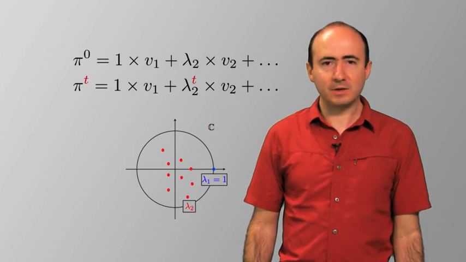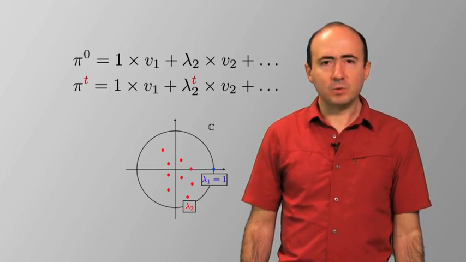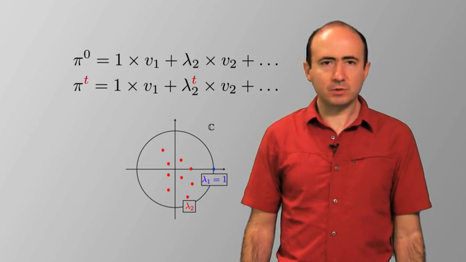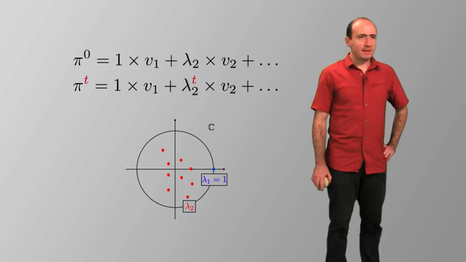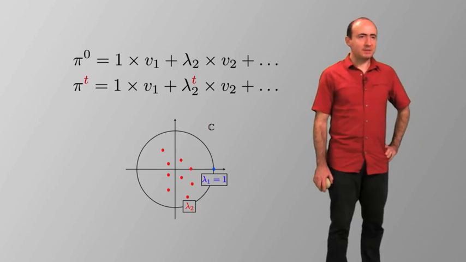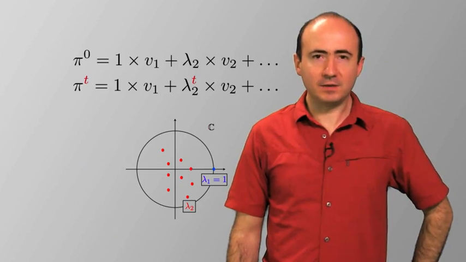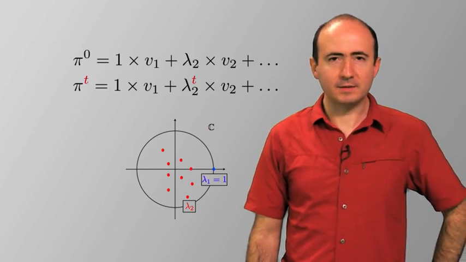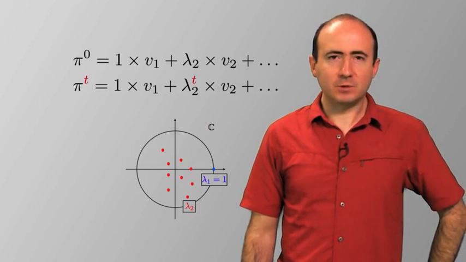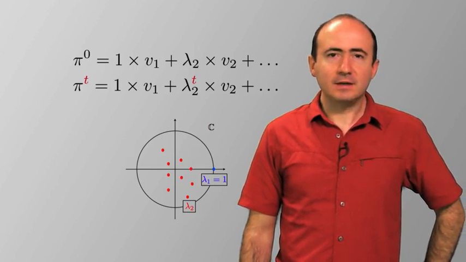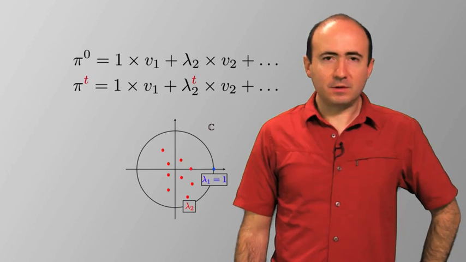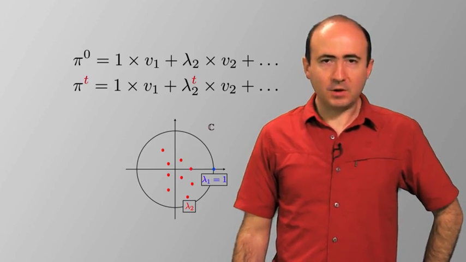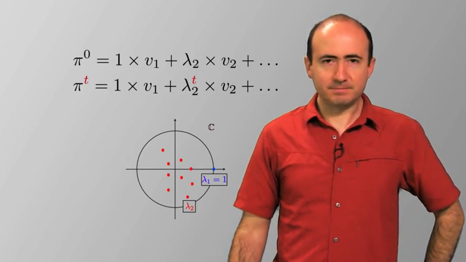An eigenvalue larger than 1 would lead to an explosion of the probability at large time. At large times, the dynamics converges to the eigenvector with the largest eigenvalue equal to 1. This is what we will call the probability vector of the equilibrium state or the steady state.